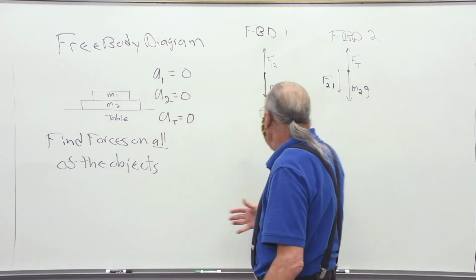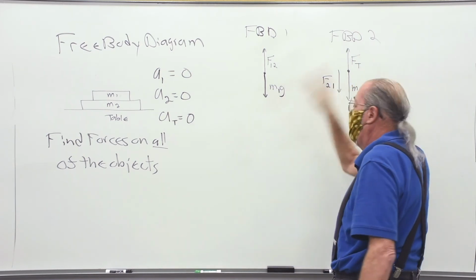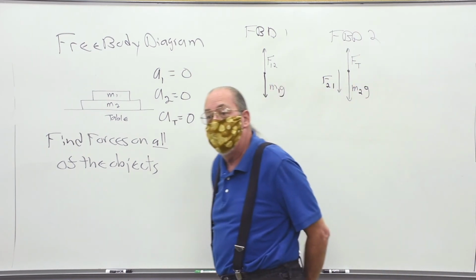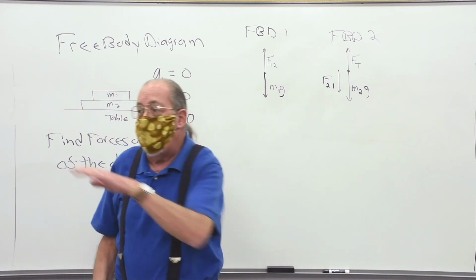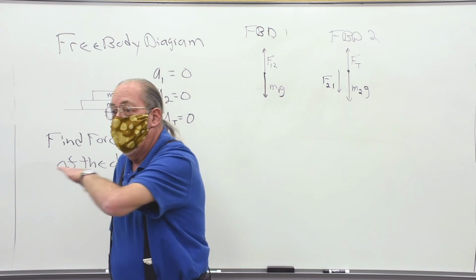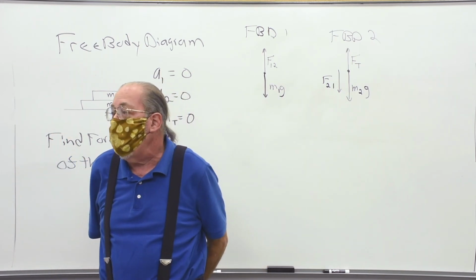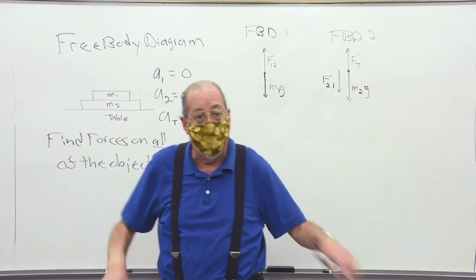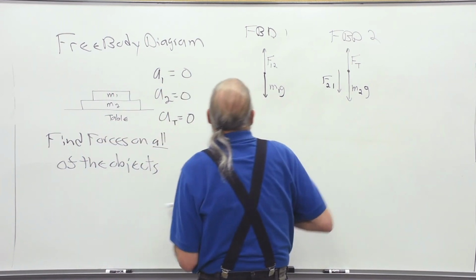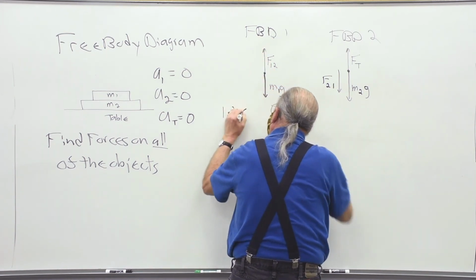Now, if I look in the horizontal direction, do any of these forces have horizontal components? Nah. There's nothing going on in the x direction. So we're done. We only have to look in the vertical direction, but in some problems you do have to look in both directions.